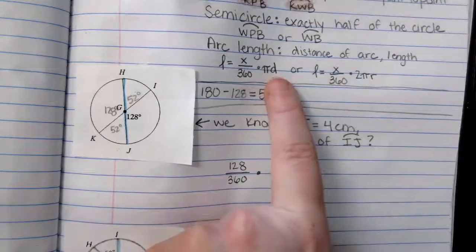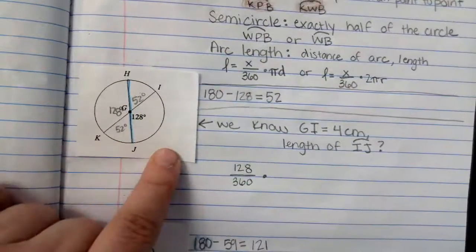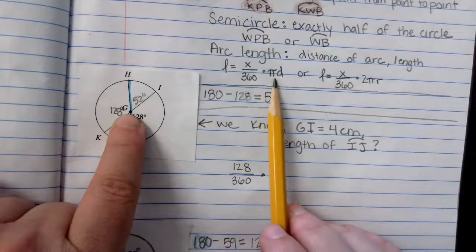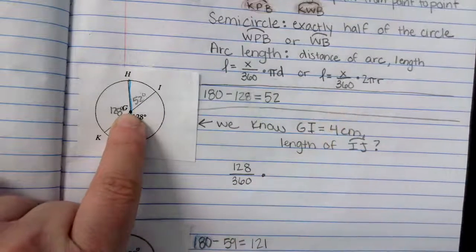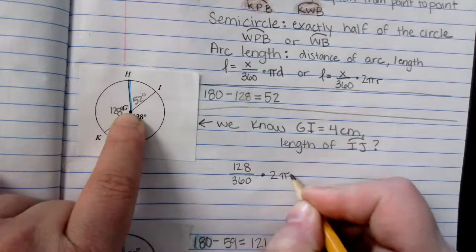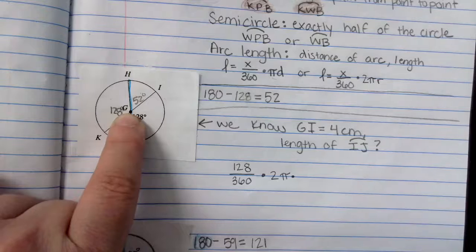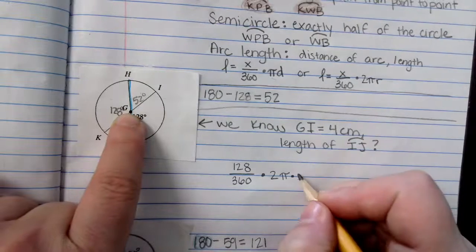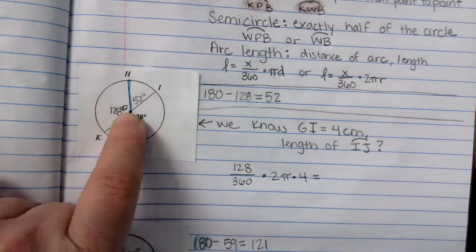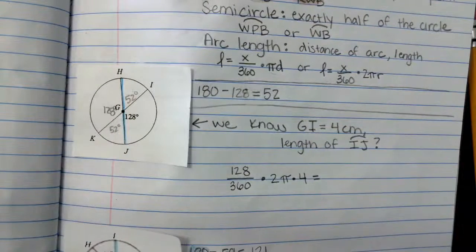For these ones, I really like to use Desmos because Desmos is going to show us all of our work, especially if we get something goofed. So 128 out of 360 times 2, and then the pi is right next to that 4. Pi times our radius of 4.